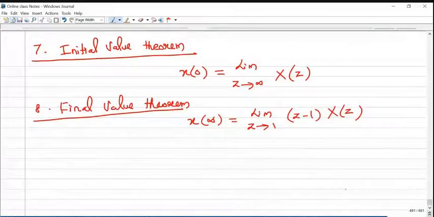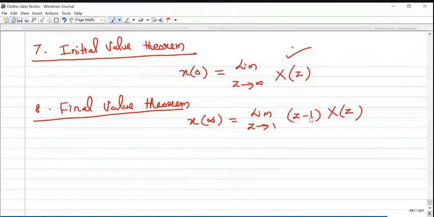Initial value theorem and final value theorem of Z transform. In Laplace transform also, the initial value theorem and final value theorem are available. What is the meaning of this theorem? Suppose x of n is the signal. To find the initial value of the signal at n equal to 0, we can calculate it from the given Z transform of that signal. Similarly, the value of the signal at n equal to infinity can be obtained from the given Z transform of that particular signal.